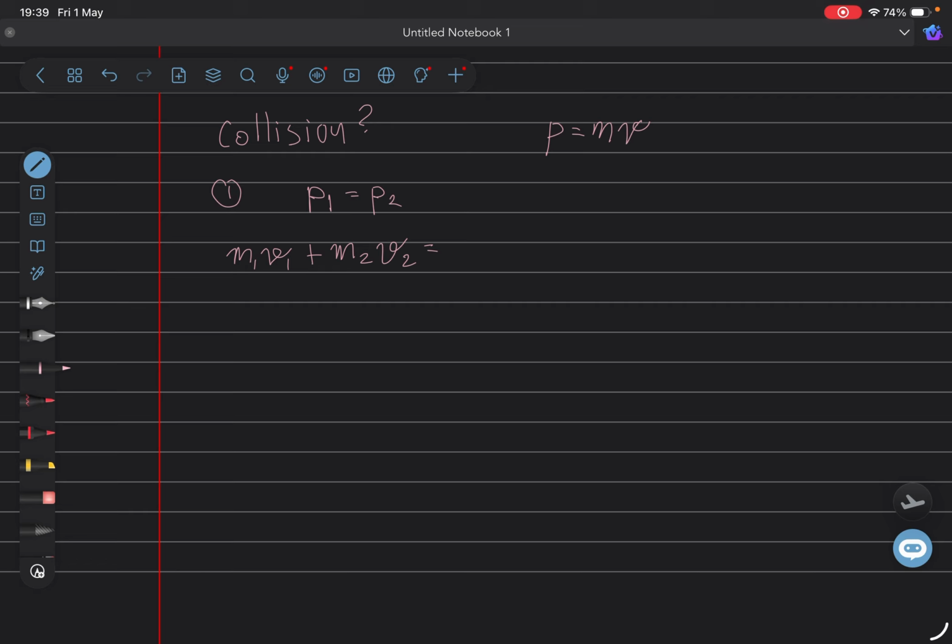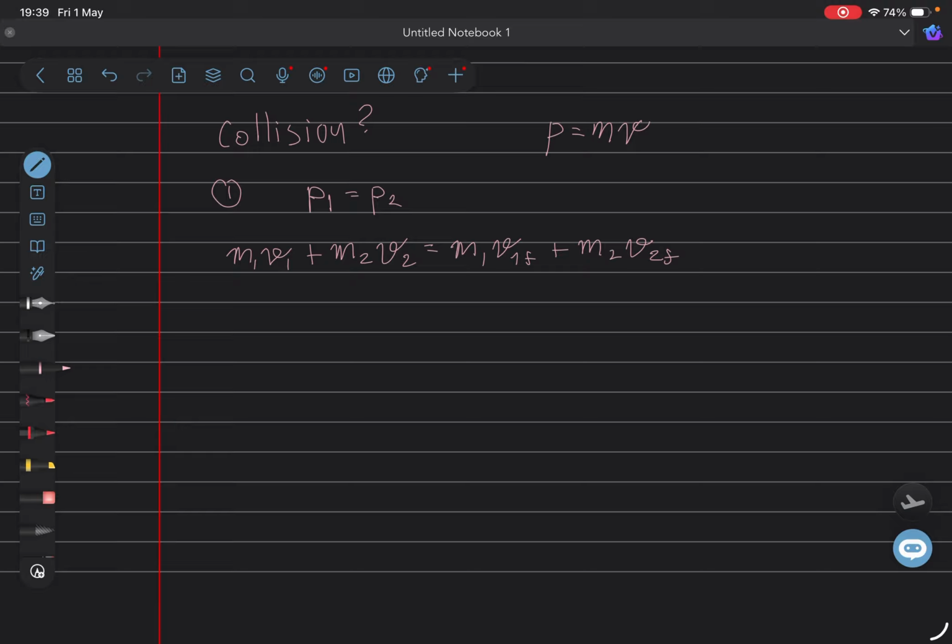And then the final momentum will equal the mass of object 1, because the mass doesn't change. The velocity can change though, times the velocity of object 1 final, 1f, plus mass of object 2 times velocity of object 2 final. So that's how you use the conservation of momentum in solving problems.